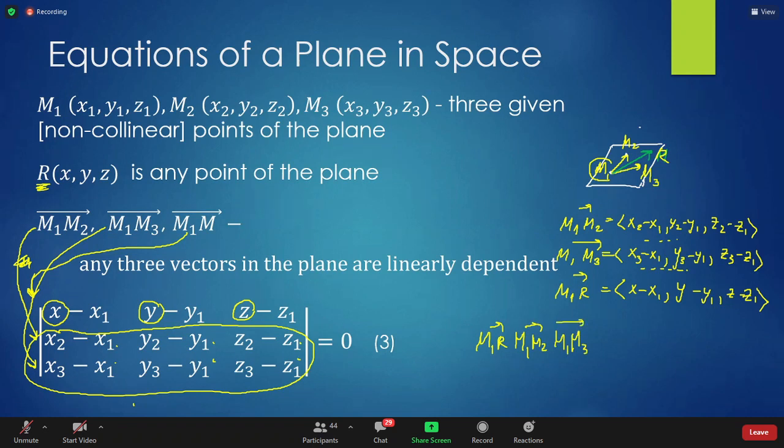You remember that if the triple product of 3 vectors is 0, then these 3 vectors are in the same plane. So in principle, this is the triple product of vectors.